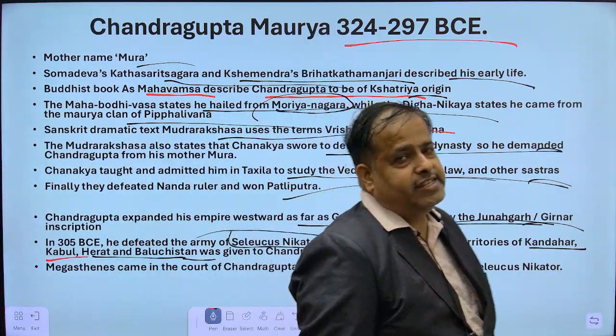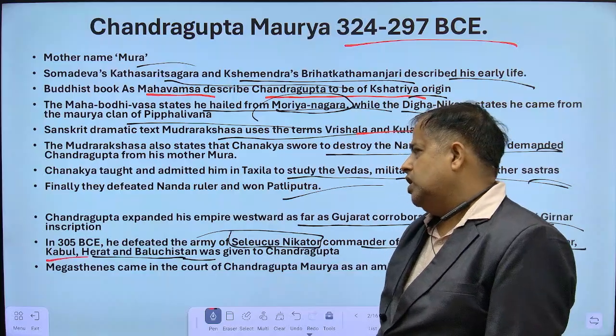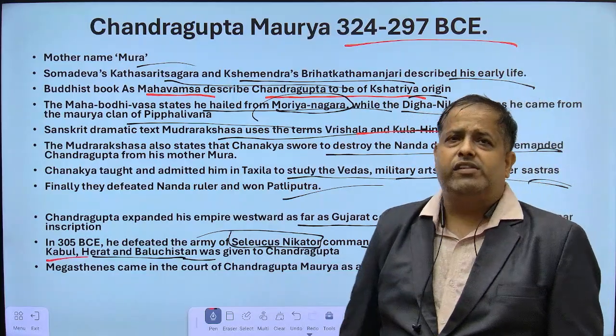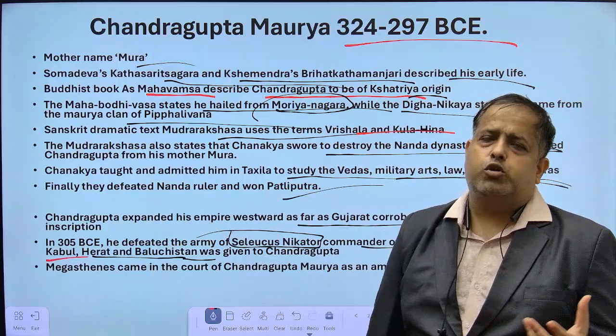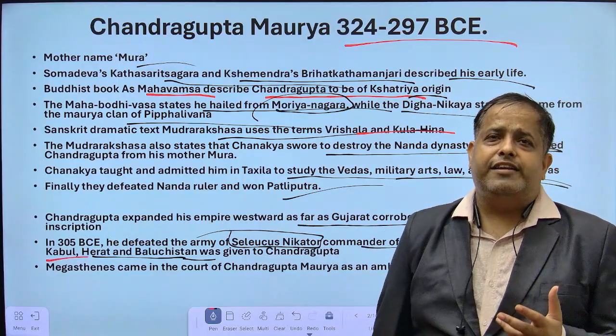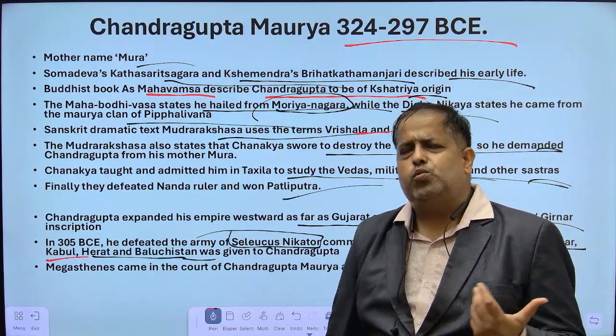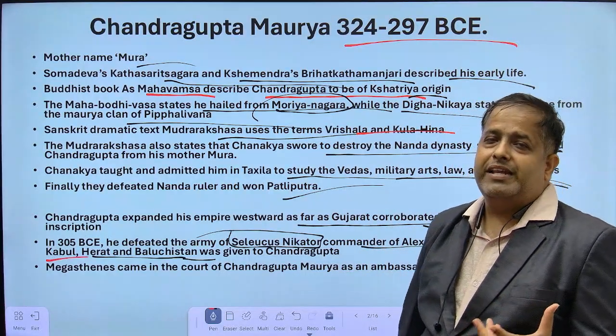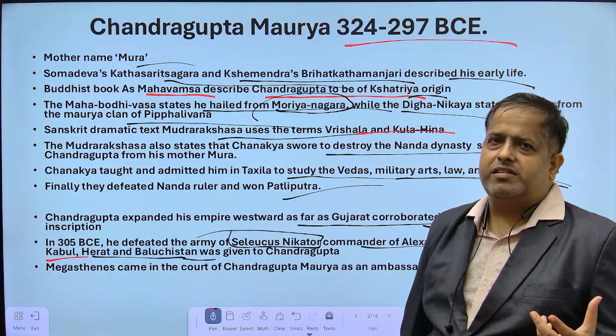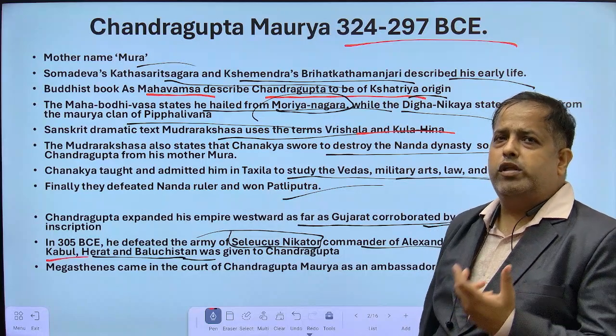This whole area was given to Chandragupta Maurya, and in return Chandragupta gave him 500 elephants. Seleucus Nicator also married his daughter Helena to Chandragupta Maurya. That is why historians realized that a marriage relationship took place, and so they decided that Chandragupta Maurya won.